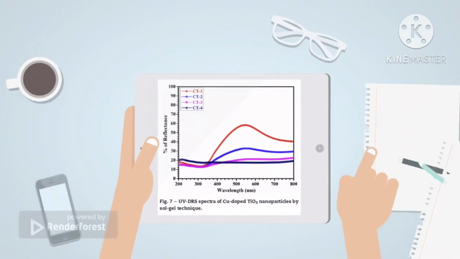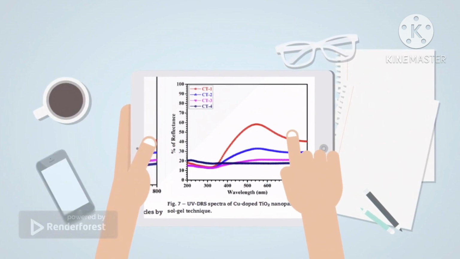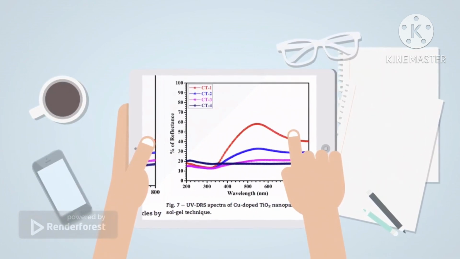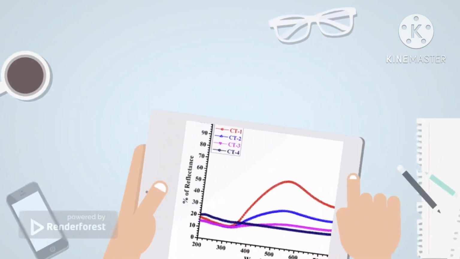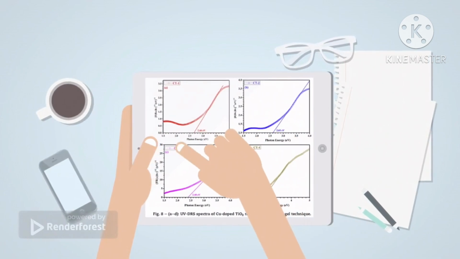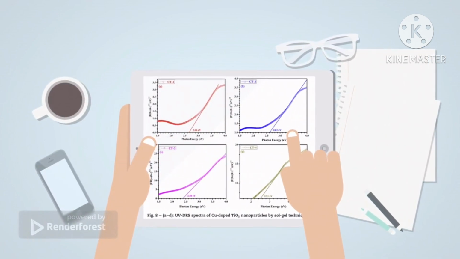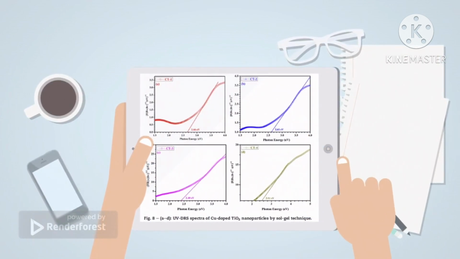In ultraviolet diffuse reflectance spectroscopic measurements, the UV spectra of copper-doped titanium dioxide nanoparticles are shown in this figure. The reflectance of the sample decreases with increasing copper concentration, which shifts the absorption into the visible region.